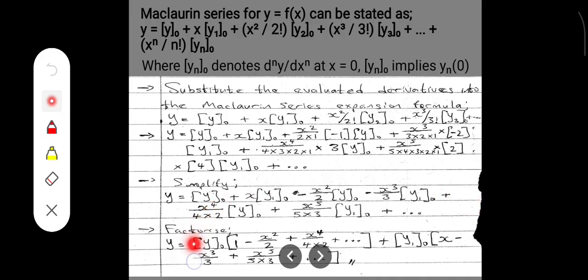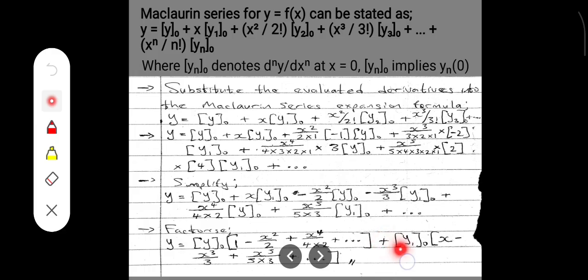Now we factorize out the initial conditions, which are y of 0 and y1 of 0. When we factorize y of 0, we'll be left with 1 for this first term here. Then anything that has y of 0 will be written in this bracket here, so that is minus s to the power 2 over 2, plus s to the power 4 over 4 times 2, plus, and we denote that the formula keeps expanding.